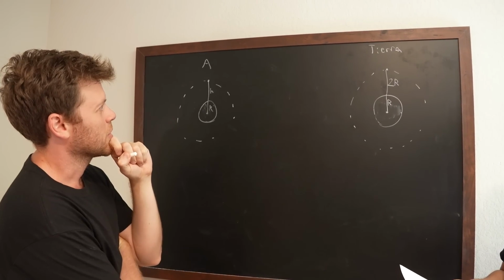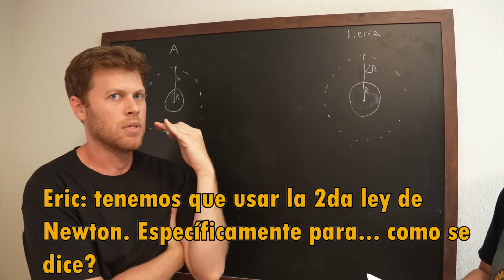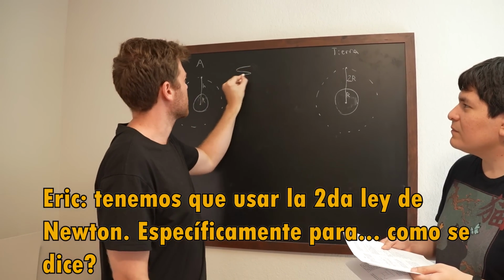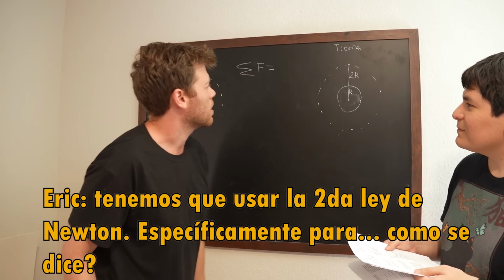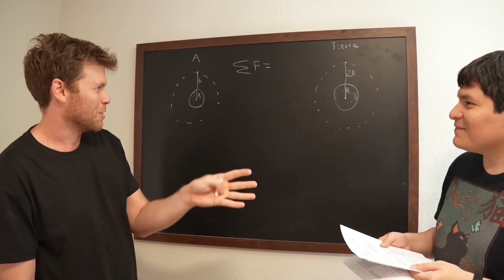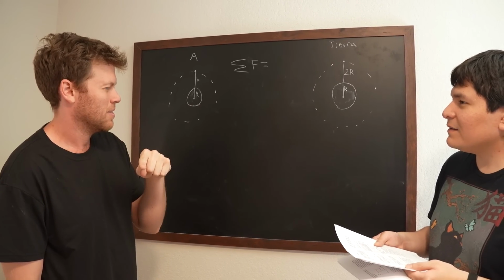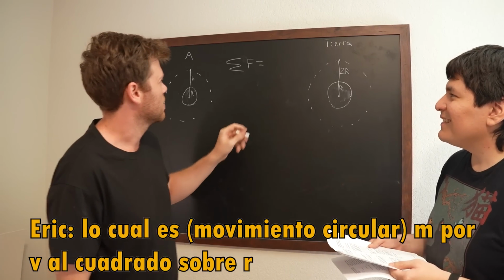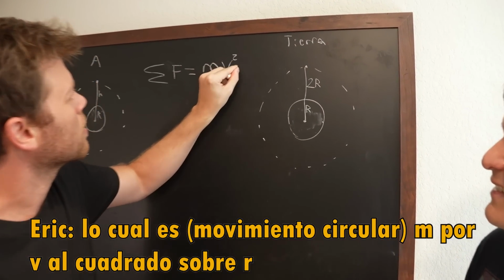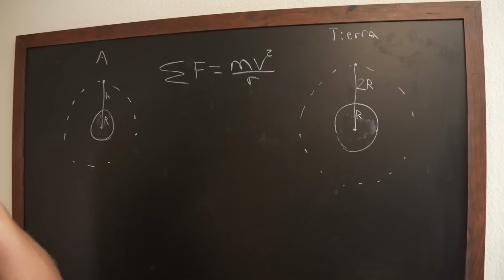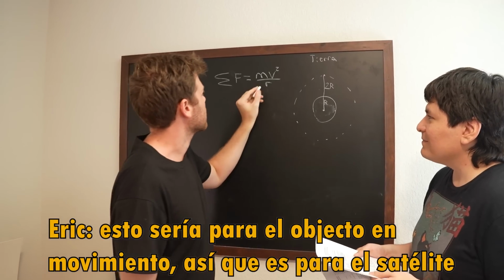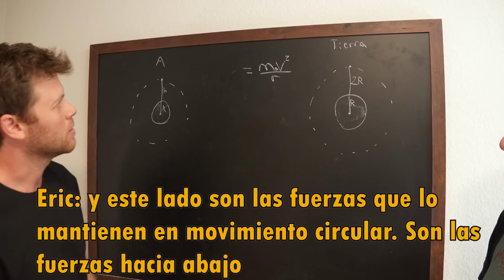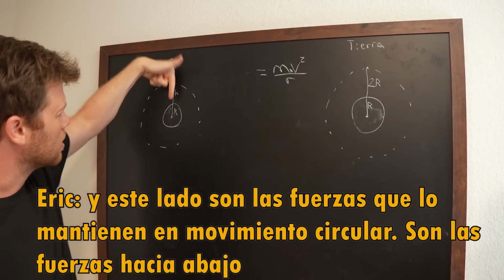Okay. So we need to use Newton's, I guess it's the second law. We need to use Newton's law specifically for circular motion, movimiento circular, which is mv squared over r. It'll be for the object in motion, so it has to be for the satellite. And then this side is just the forces that keep it in the circular motion.